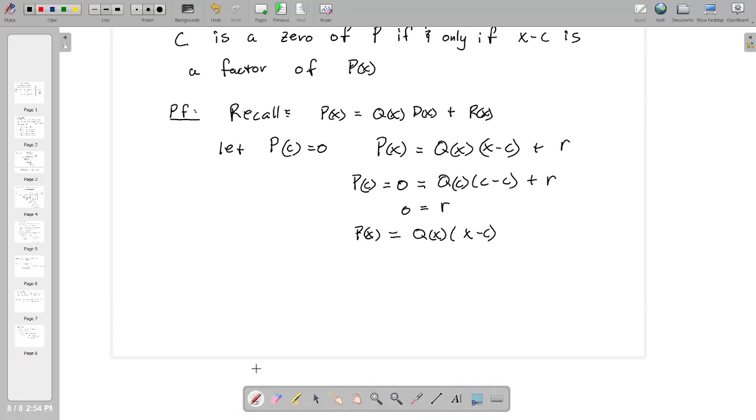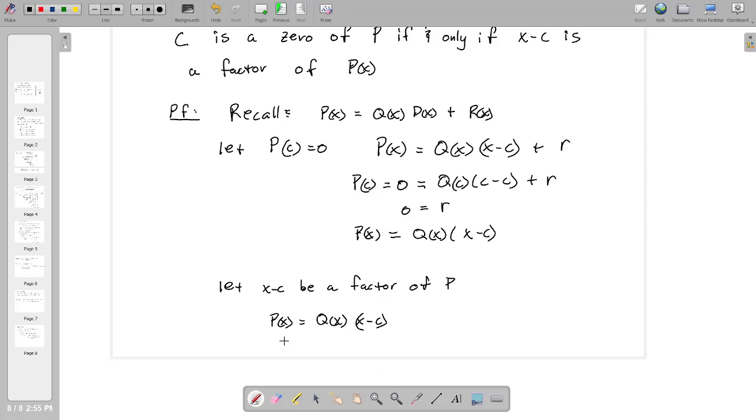So now let's do the opposite direction. Let's assume that x minus c is a factor of p of x and show that c must then be a 0 of p. So we let x minus c be a factor of p. Now this means that p of x can be written as q of x times x minus c.